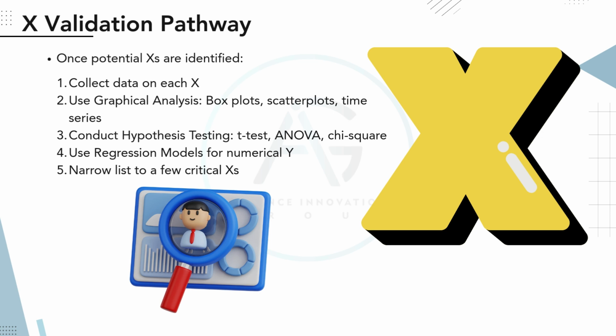Conduct hypothesis testing, such as t-tests, ANOVA, or chi-square tests to check for statistically significant differences. Apply regression models if the outcome variable Y is numerical to quantify relationships. Finally, narrow the list down to a few critical X's that have the most impact and are controllable. This process helps focus improvement efforts effectively.